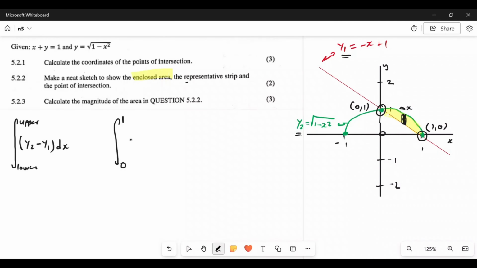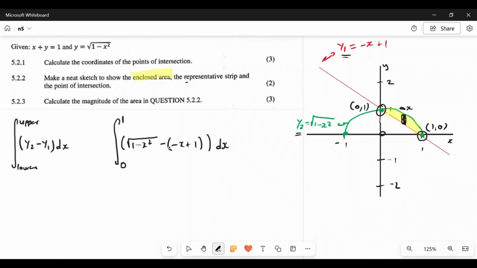So let's substitute the actual equations of these y's. y2, we know, is the root of 1 minus x squared, while minus y1 is minus negative x plus 1. Then we close the bracket, then we close another bracket, then we have dx. So let's look at this.